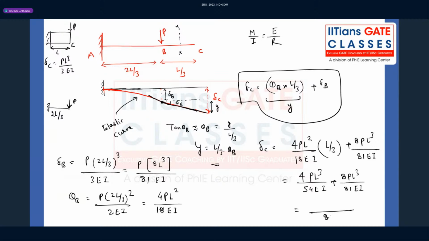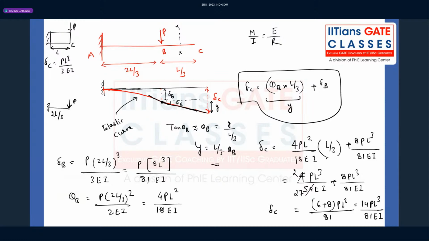So when you take the LCM of both 54 and 81, you will be getting 81. So here you can write 6 plus 8 PL cube. From here you can get 14 PL cube divided by 81 EI. This will be the answer for delta C.